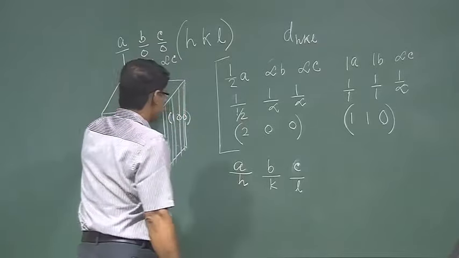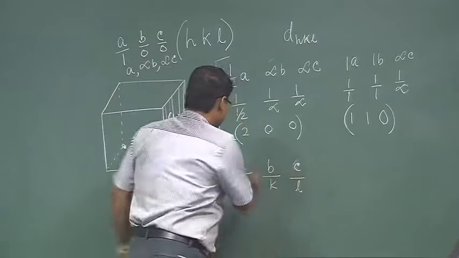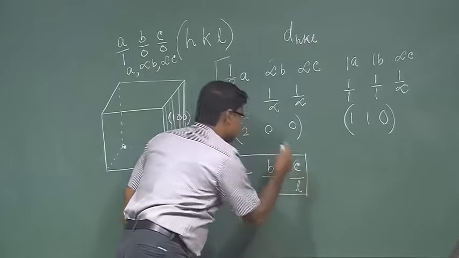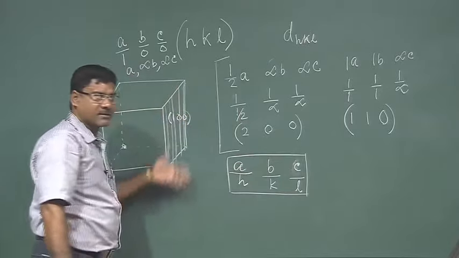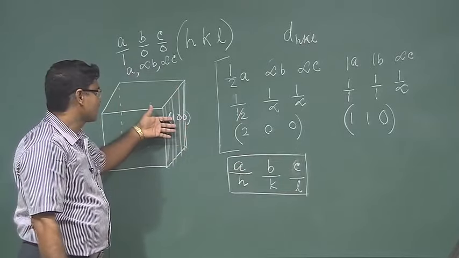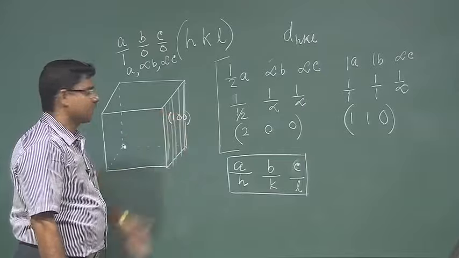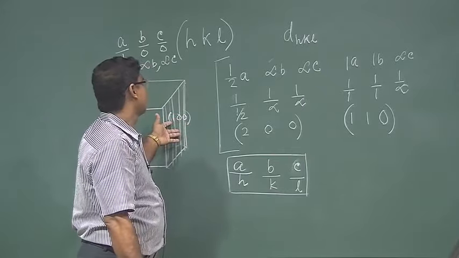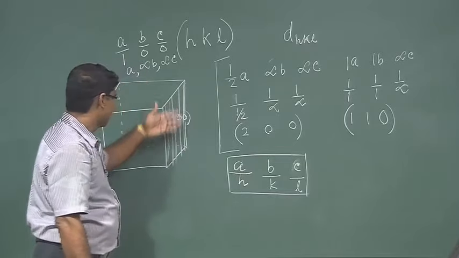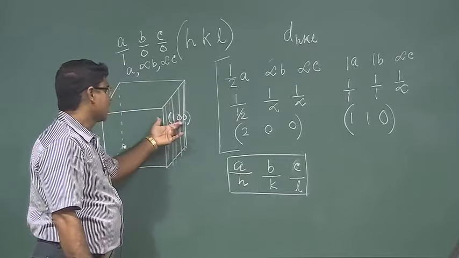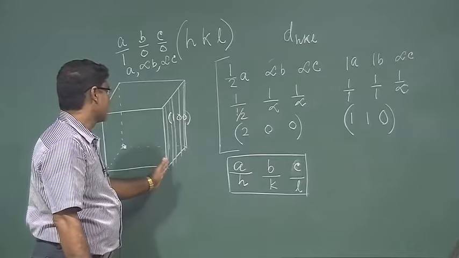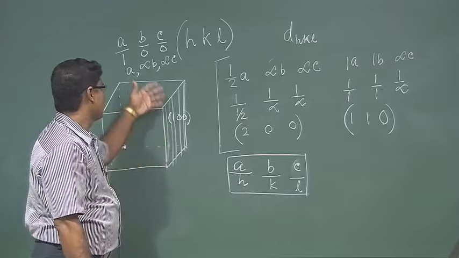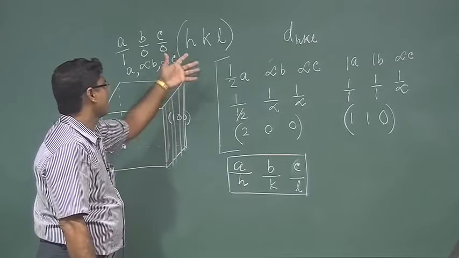So this intersecting length on the axis is verified with our crystal planes, which we found from the procedure of Miller indices. When we found the Miller indices for this plane, at that time we considered that it intersects at A, infinity B, infinity C. From there we found the Miller indices.